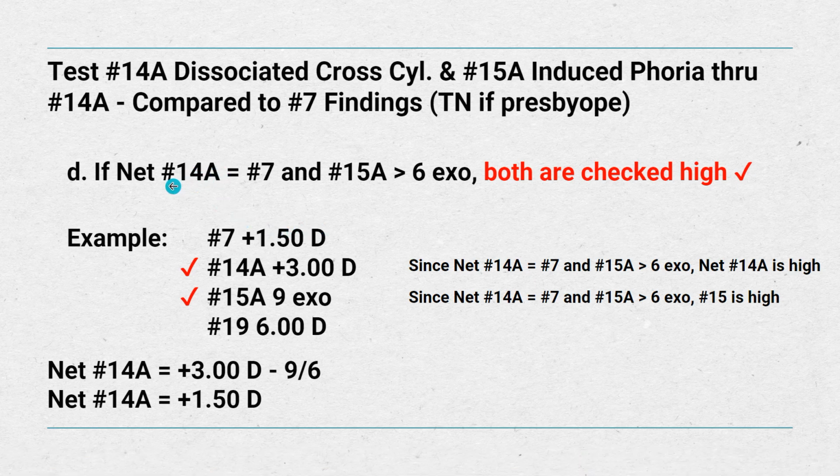Okay, the first condition is correct. Now, our 15A is 9XO, which is more than the expected 6XO. So net 14A is equal to number 7, but its 15A is more than 6XO. So you have to check them both high.